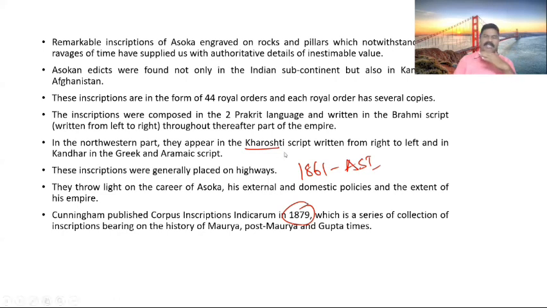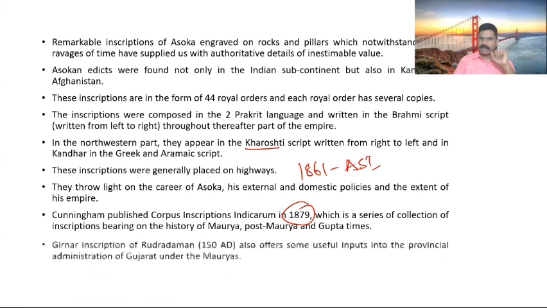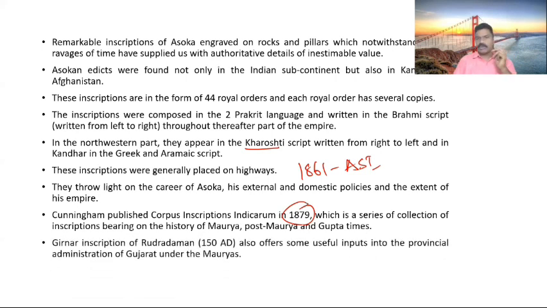He shifted many inscriptions to Calcutta, for example the Allahabad inscription of Ashoka, of Samudragupta, and even of Jahangir. These were shifted to Calcutta by Cunningham and all placed at one place. The Girnar inscription of Rudradaman offers some inputs on the provincial administration of the Mauryans.